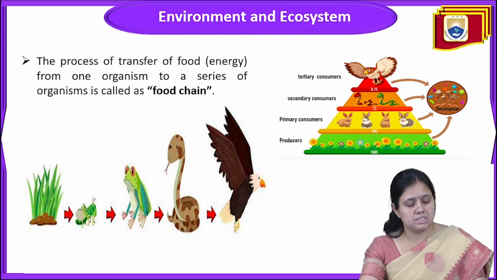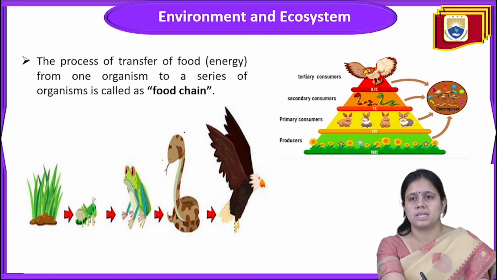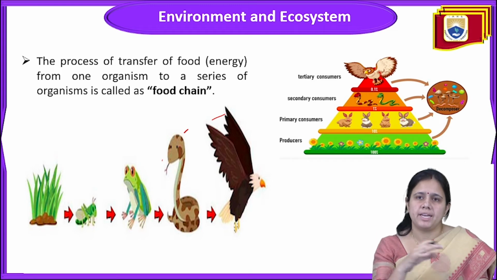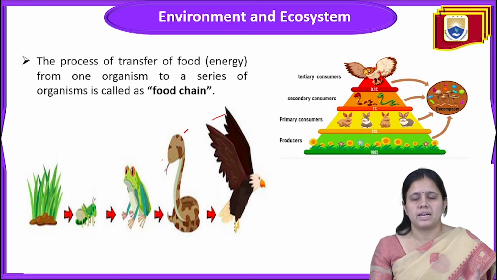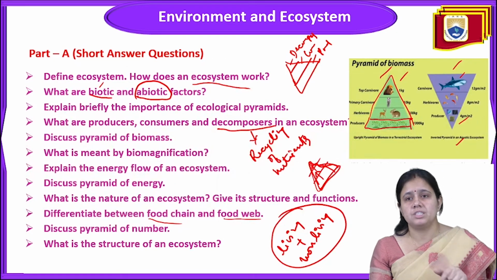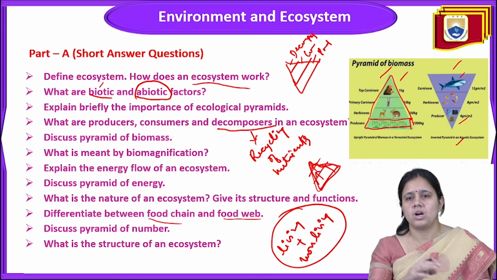You can see an example: from green plant, grass, grasshopper is there, grasshopper is eaten by frog, frog is eaten by snake, snake is eaten by the vulture. This is a food chain. And the combination of many food chains in a single ecosystem is called a food web. That is the difference: the combination of many food chains in an ecosystem is considered a food web. So lots of food chains connected is called a food web.